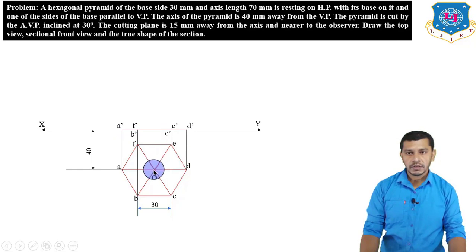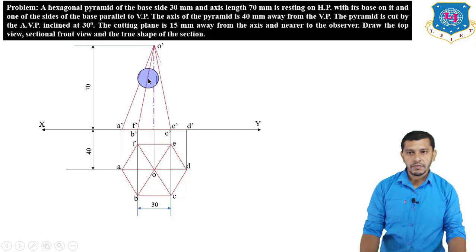First of all project these points vertically upwards and measure the axis height, which is 70 mm. So here we will get O dash, the front view of the apex point. Now connect the apex point to the base corners, that means O dash to A dash, O dash to F dash B dash, O dash to C dash E dash, and O dash to D dash will be the front view of the hexagonal pyramid.